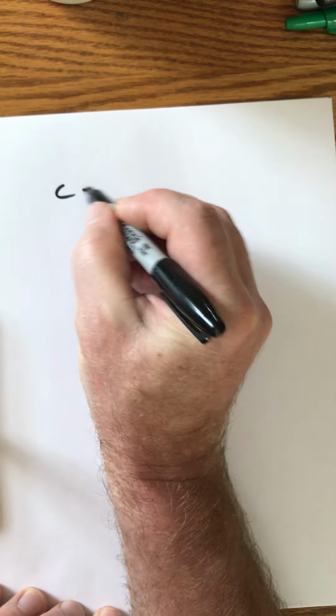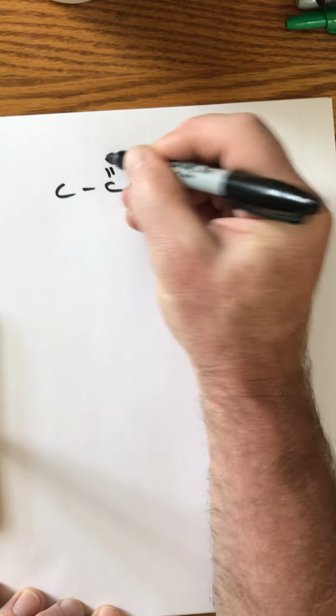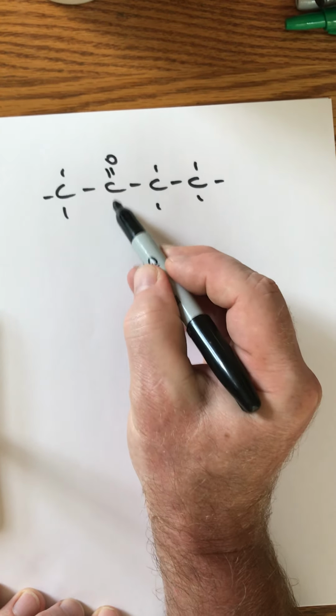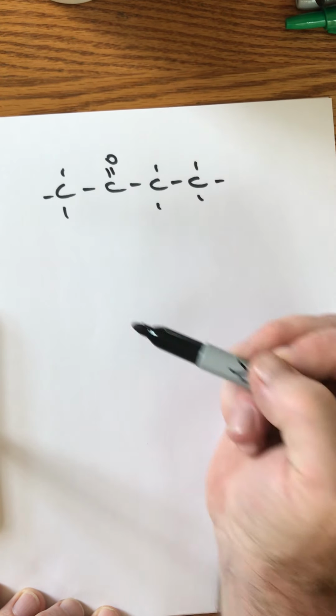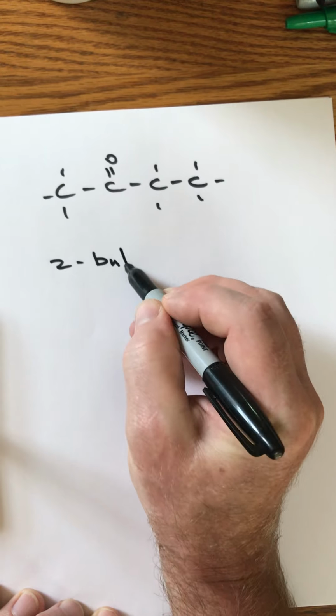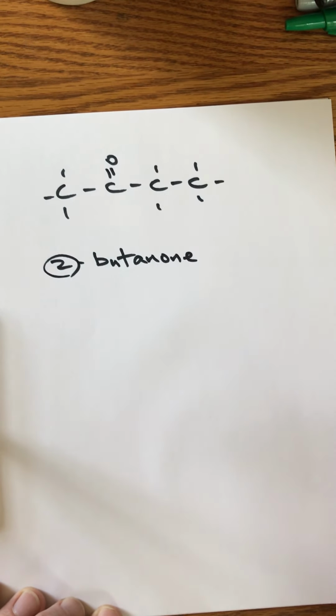Same kind of deal with 4. 1, 2, 3, 4. Whether I go here or here, it's always number 2. So I could call this, by the way, don't put the dash down here, that's where people go wrong. You've already got 4 bonds in that carbon. I could call this 2-butanone, but this 2 is redundant.